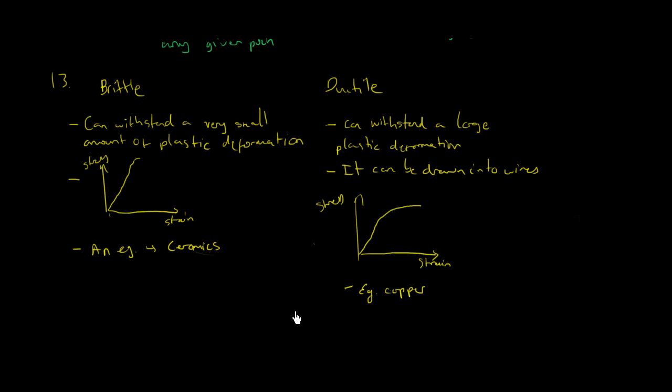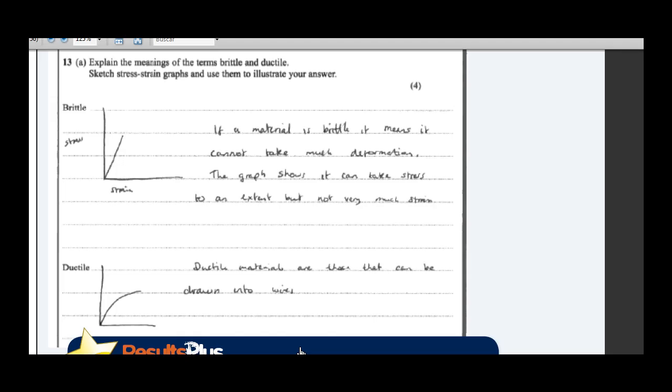Right, so let's look at the answers that they have. They have 2 answers, one of them by a candidate that didn't score so highly, and then one which scores highly. And it's interesting to notice how much attention the examiner pays to the words that are used and the details for the graph. The first answer says that if a material is brittle, it means that it cannot take much deformation.